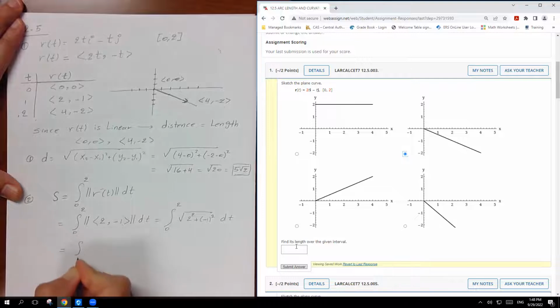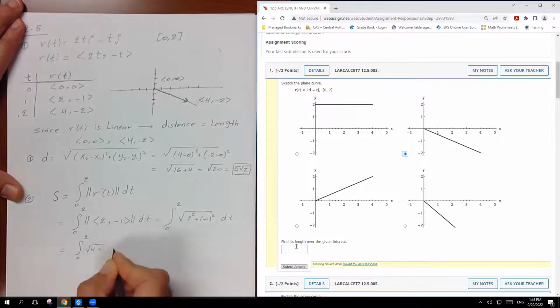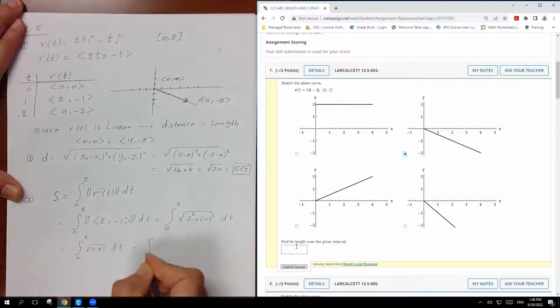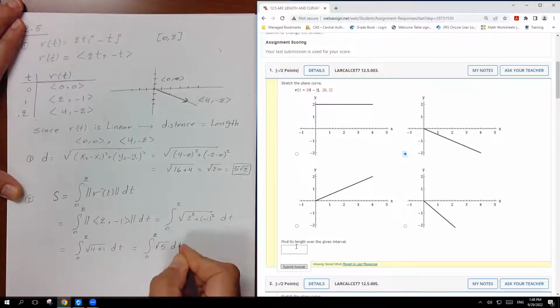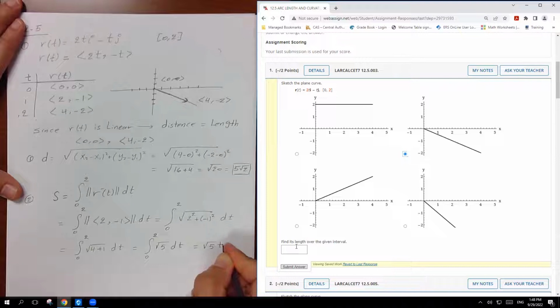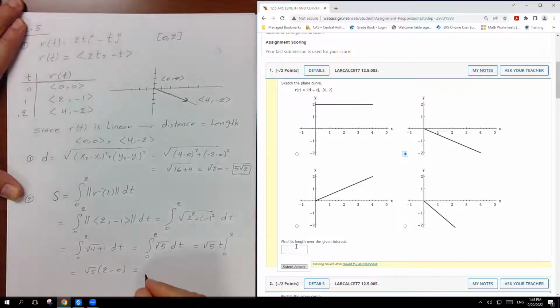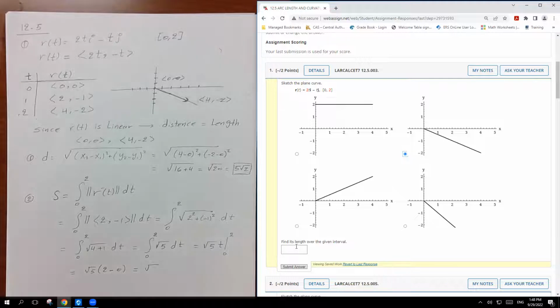That is the integral from 0 to 2 of the square root of 4 plus 1 dt, which is the integral from 0 to 2 of the square root of 5 dt, which equals square root of 5 t from 0 to 2. That means this is equal to the square root of 5 times 2 minus 0, which equals 2 root 5. Why did I put the 5 under the root?